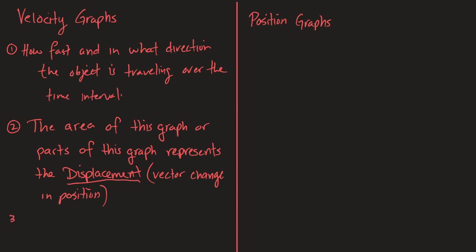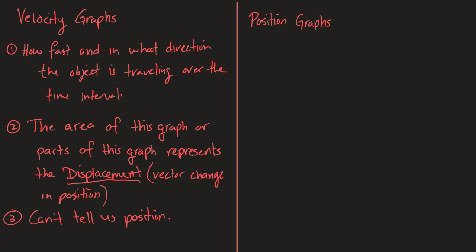Now, a third thing was brought up, but it's not what a velocity graph tells you, it's what it can't tell you. It can't tell us position. It never tells us where the object is.